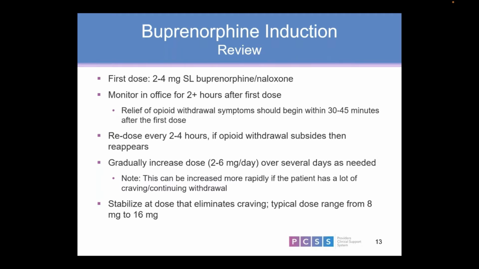They're typically really doing quite well. They feel much more comfortable, and I'll tell them, why don't you wait a while and you can redose again in a few hours at home. So they would take the last half of that 4 milligrams at home, the last half of that 8 milligrams at home. Then you're going to want to titrate as per typically cravings.